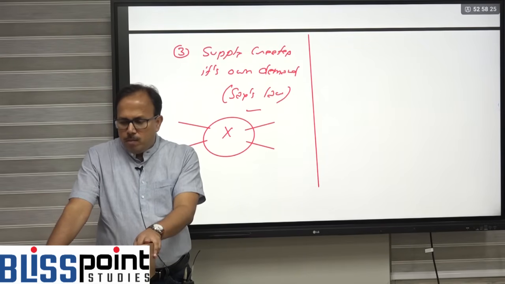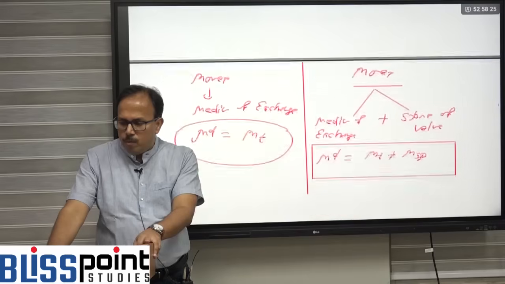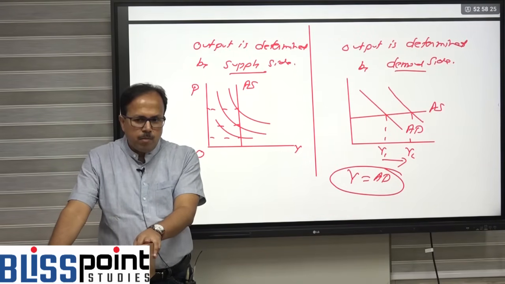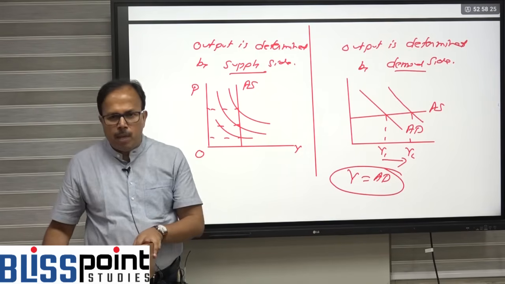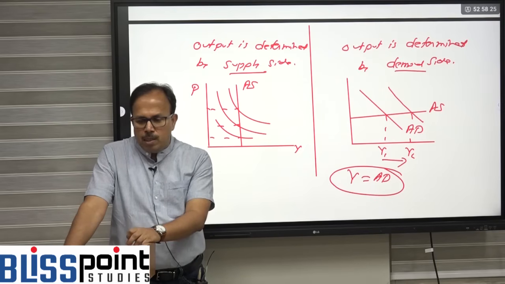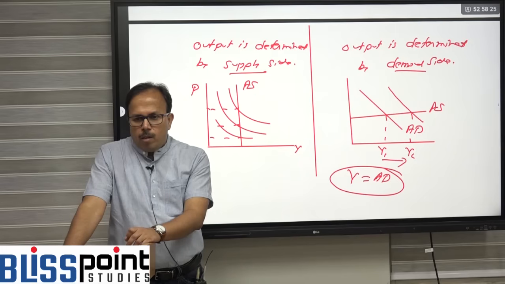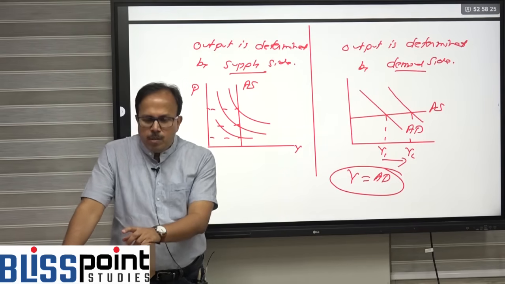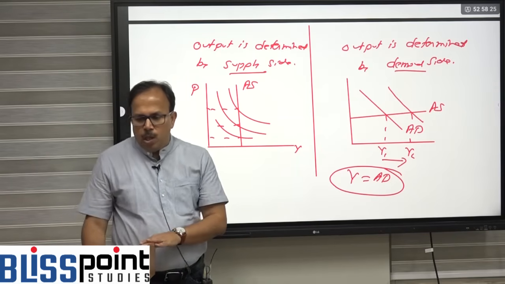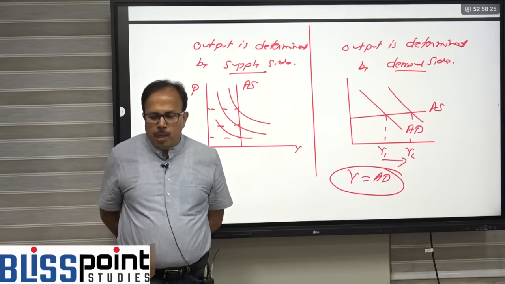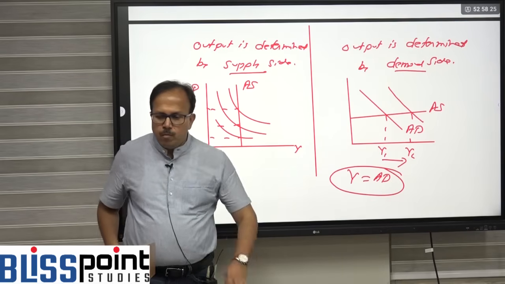In classical economics, output is determined from supply side, and the role of aggregate demand is to determine price for that output.